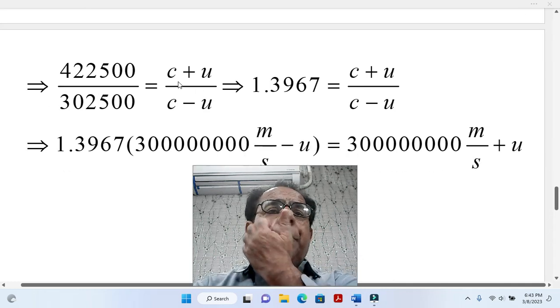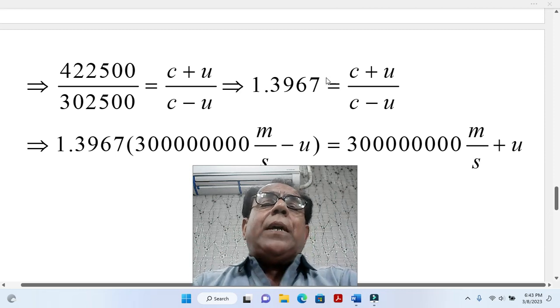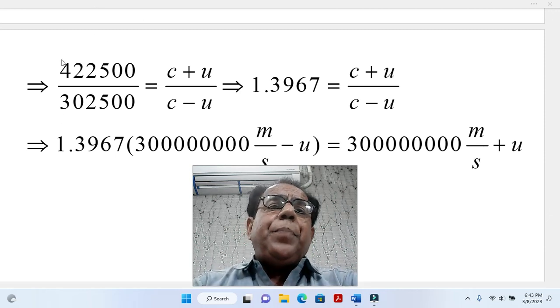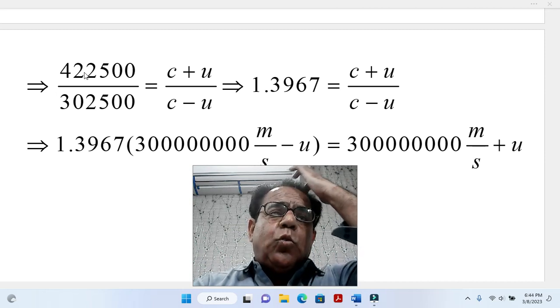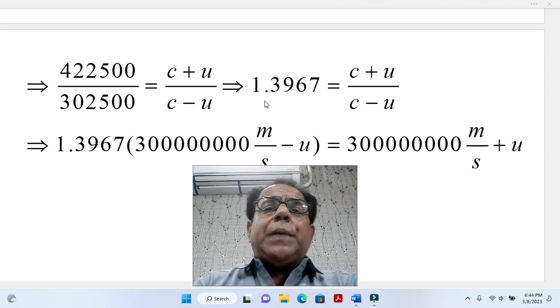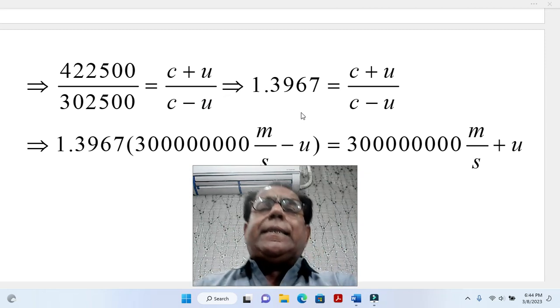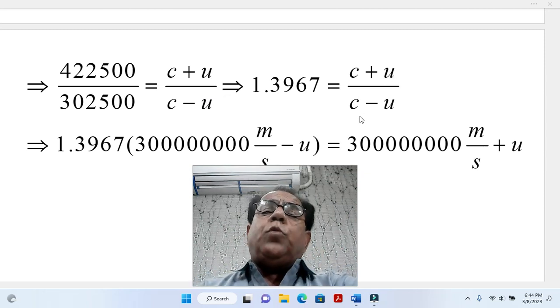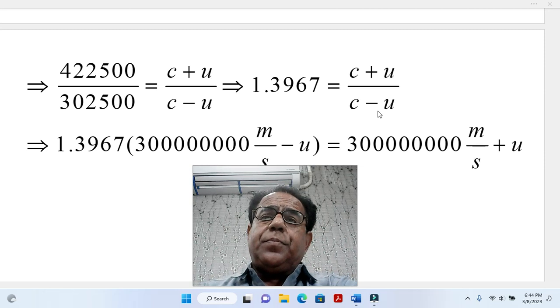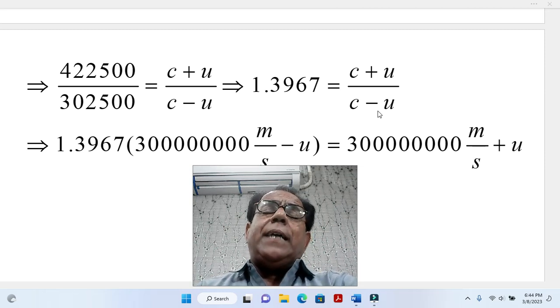In the next step we have simply calculated this by dividing this by this, so it has become 1.3967 is equal to c plus u over c minus u. To this extent I think there should be no confusion.